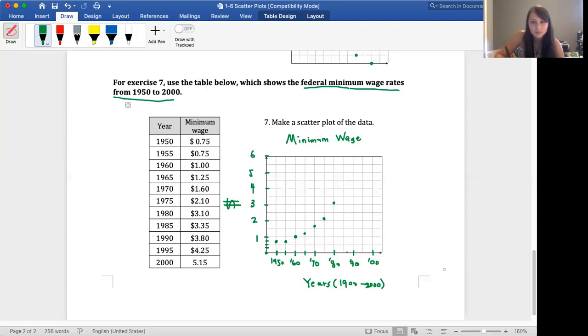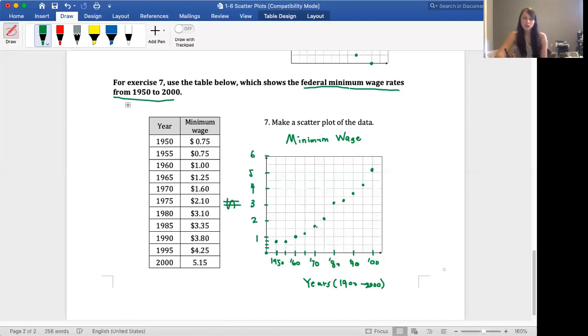So going up here. 1985, 3.35. So maybe over here. 1990, 3.8. So maybe over there. 1995, 4.25. So I'm going to go there. And then 2000 is at 5.15. So I'm going to go up here.